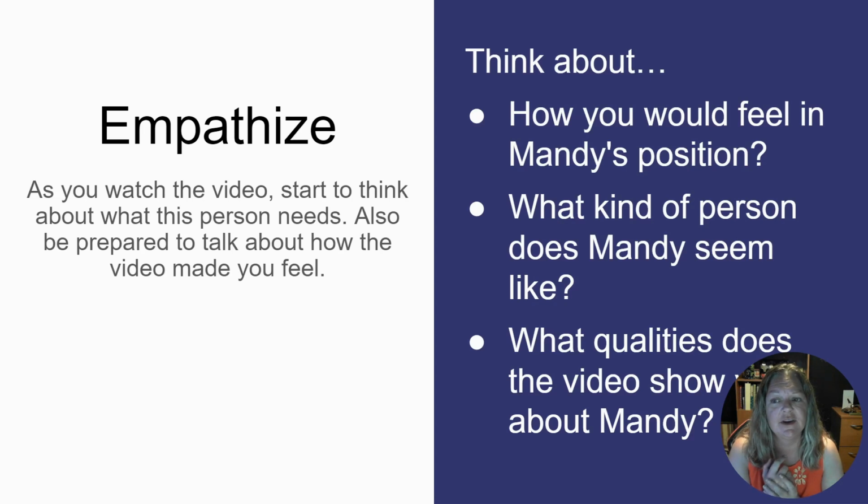And as you're learning about and meeting Mandy, that this is our audience, this is who we're going to be designing something for. As you're learning about her, I want you to think about how you would feel if you were in Mandy's position, and what kind of person you think Mandy seems to be like, and then also what qualities does the video show you about Mandy? What qualities do you see in her?